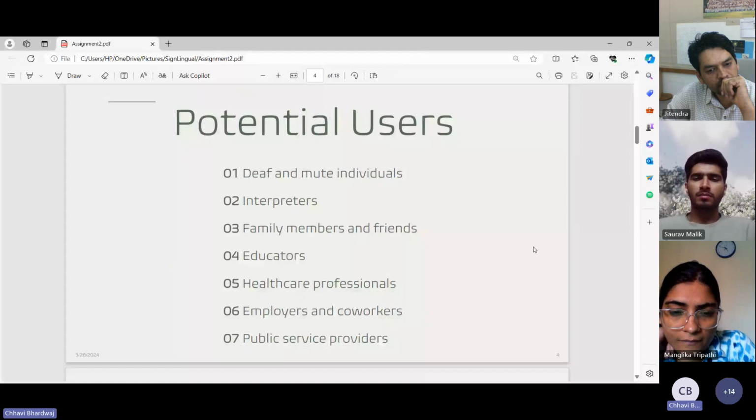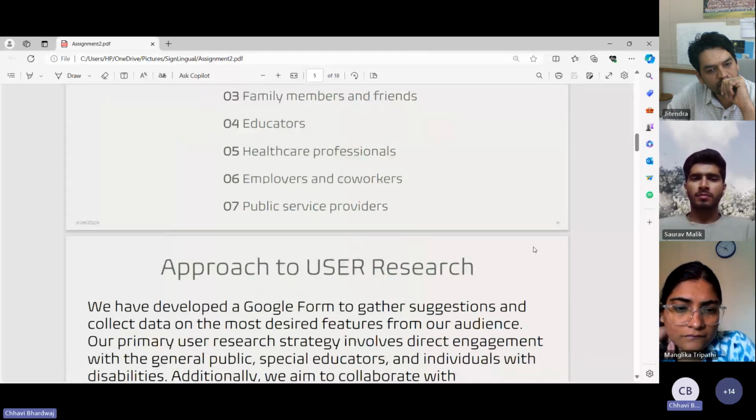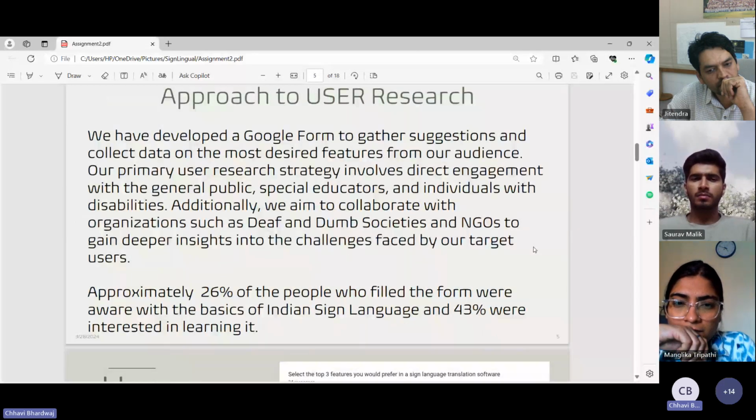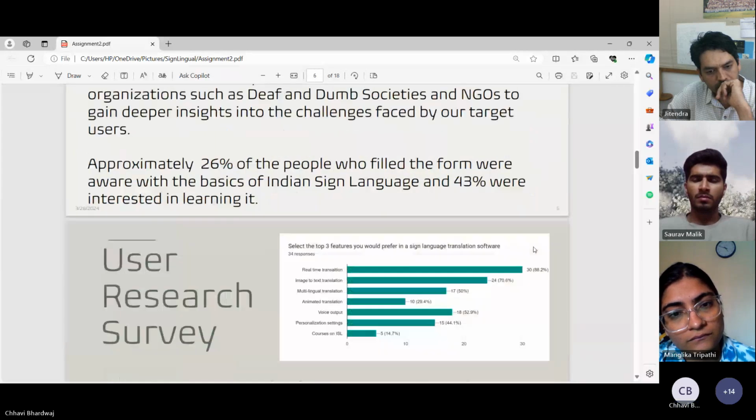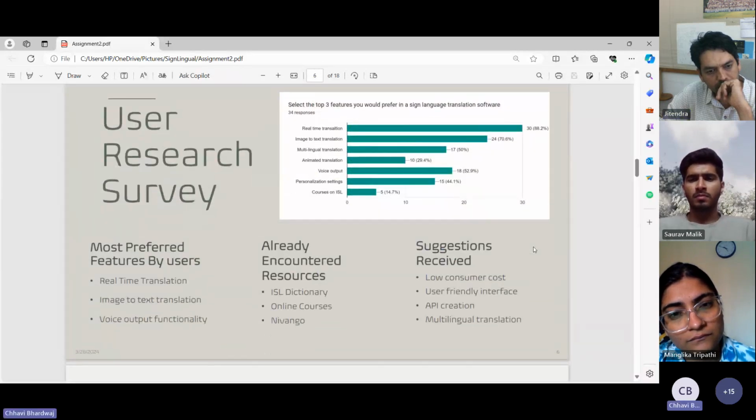We started a Google form and also interviewed some people this week to gain insight into the problems people face and how we can tackle them. These were some results from our Google form.